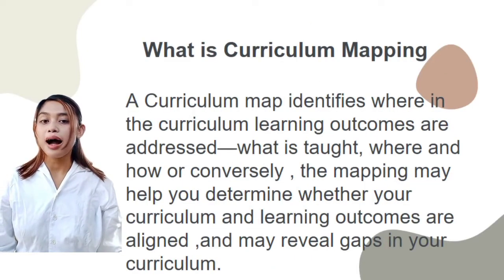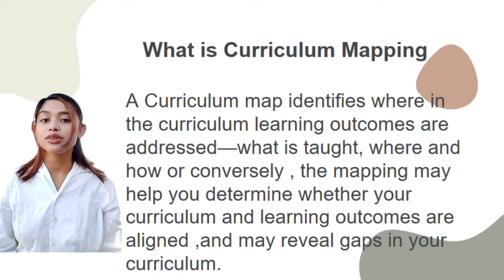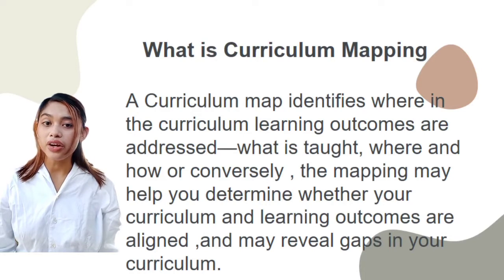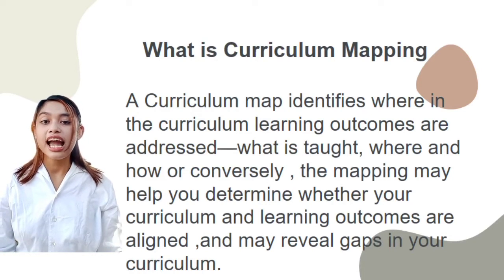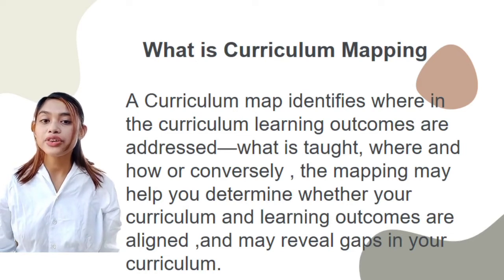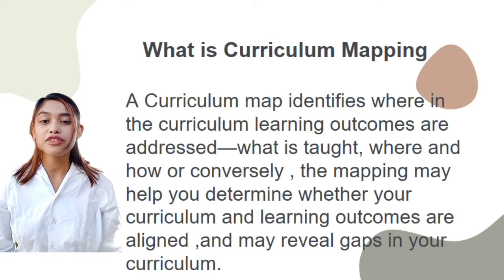So a curriculum map identifies where in the curriculum learning outcomes are addressed, what is taught, where and how, or conversely, the mapping may help you determine whether your curriculum and learning outcomes are aligned and may reveal gaps in your curriculum.